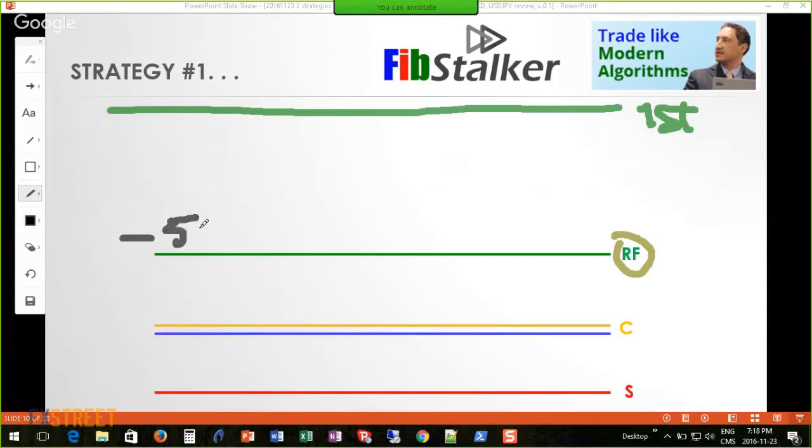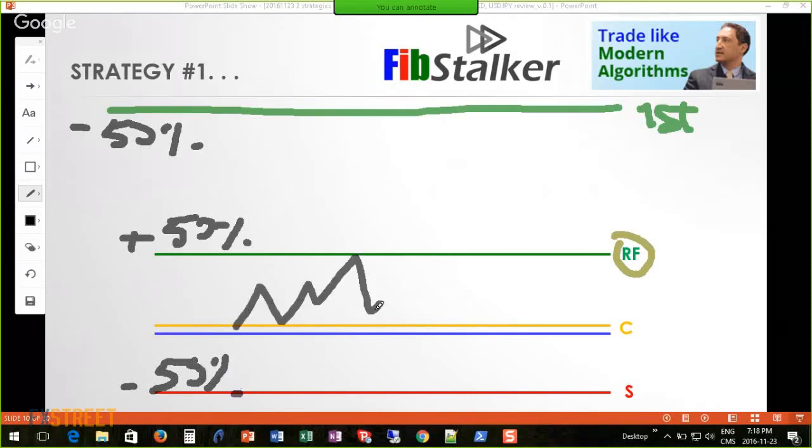We take 50% of the position out of the market at the risk-free level, and then we take the other 50% out, closing the position, if the market gets into the first target, or we take it out if the market gets into the stop.